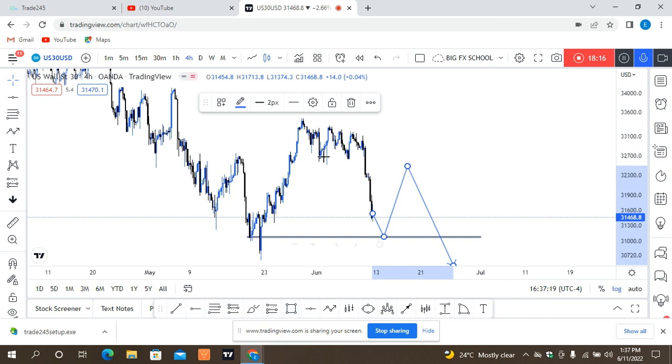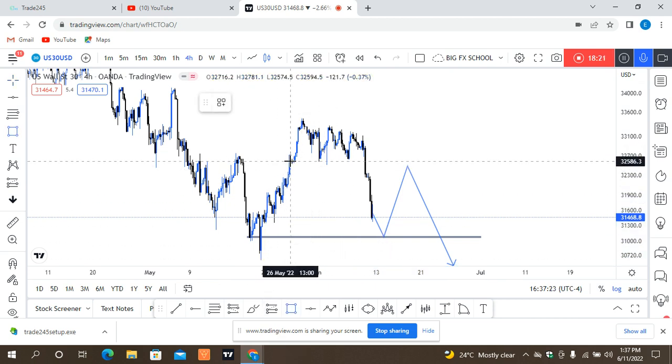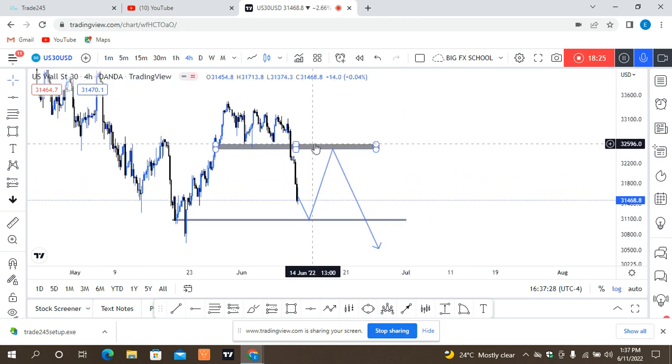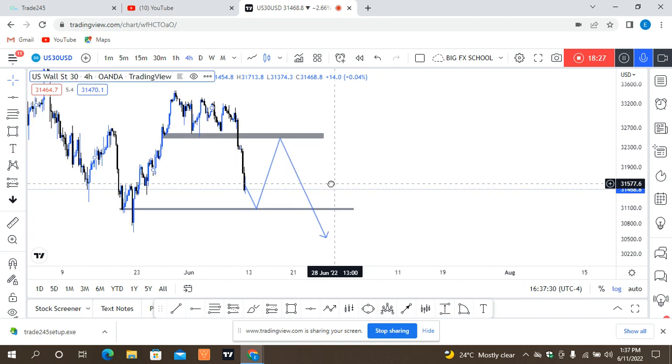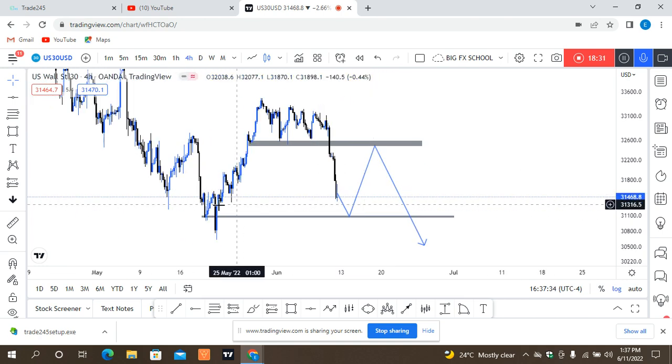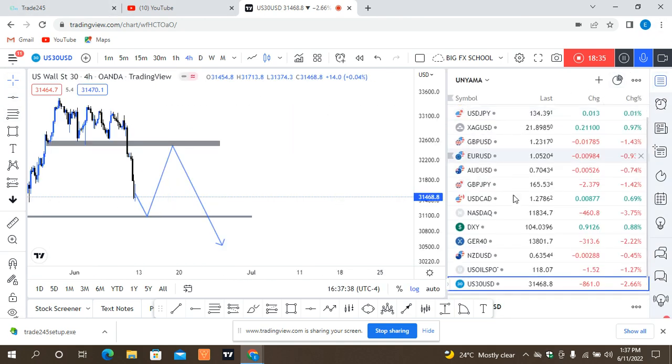So this may be our entry for sell here. I'm waiting for the market to touch this level before I sell to the downside. That's how I will be doing with the US30.